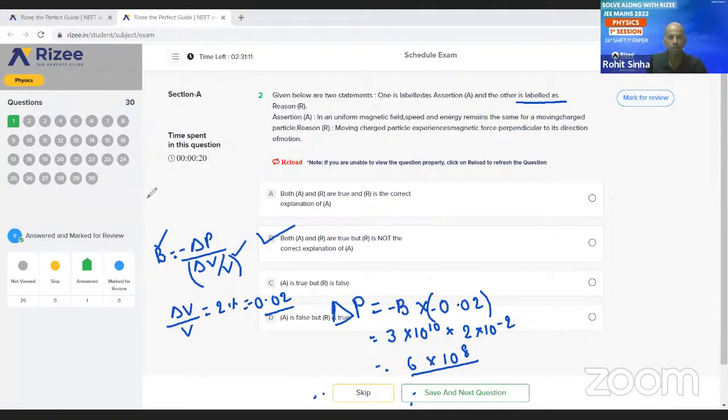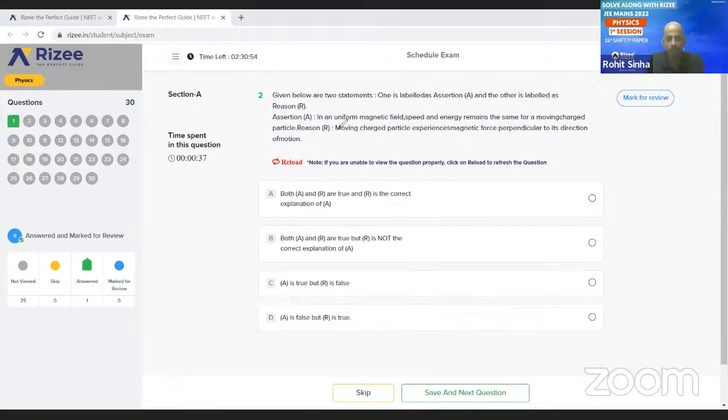Now dear students, let us go through this question, an assertion and reasoning type question. Please go through the question once and read it. It is telling that in a uniform magnetic field, the speed and the energy remain the same for a moving charge.